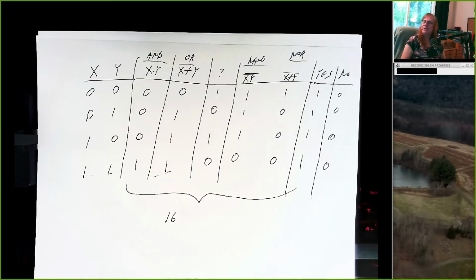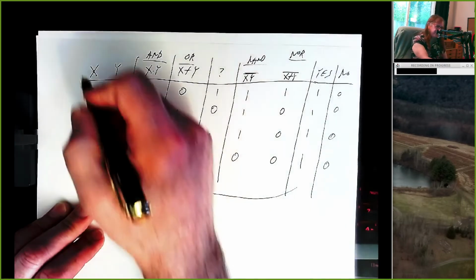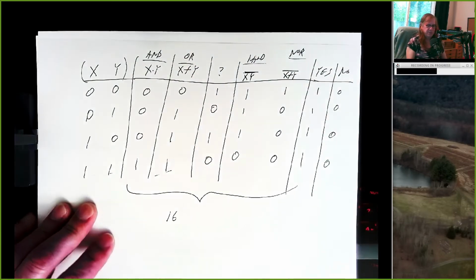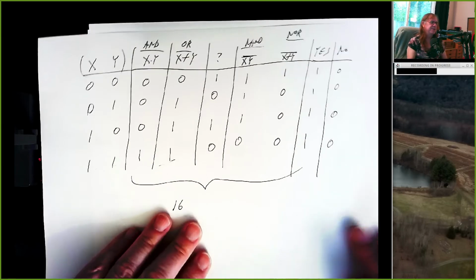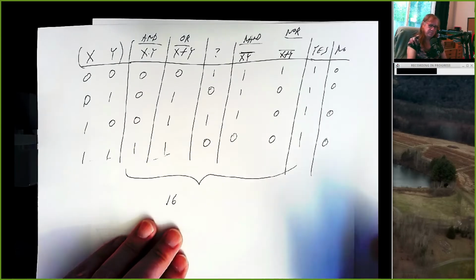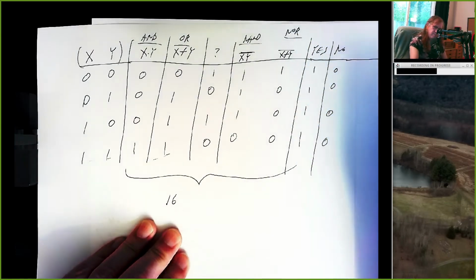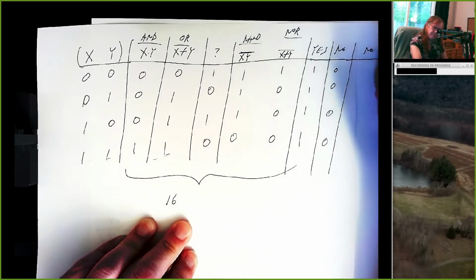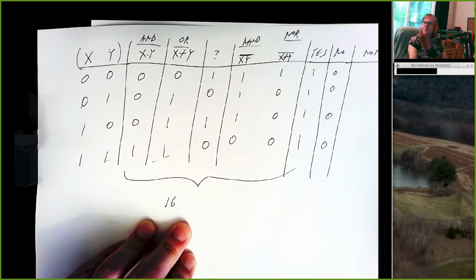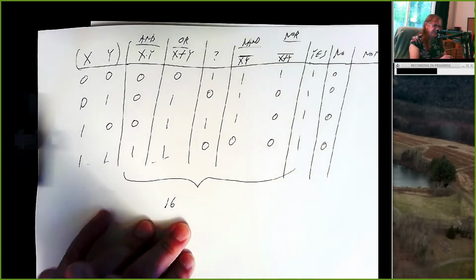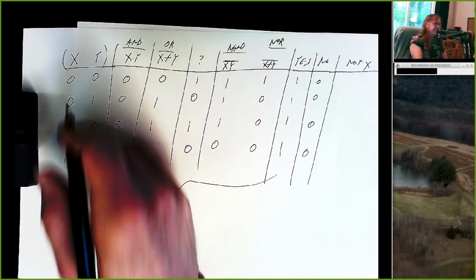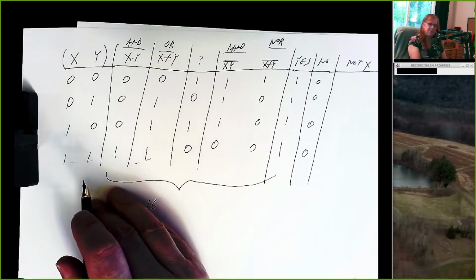All right, so somebody asked about the not operation. These are all functions of 2 variables, but we could define another variable like not x, something which just takes the value of x and does the opposite.